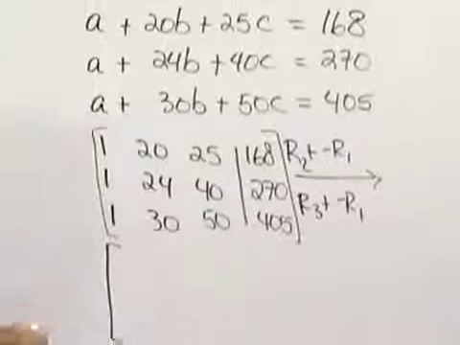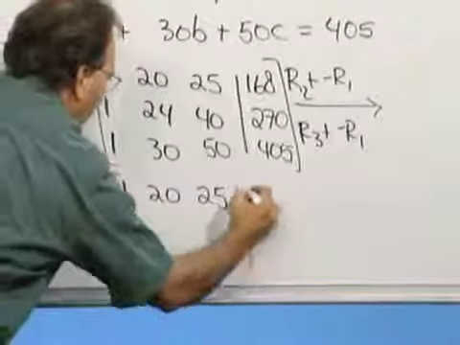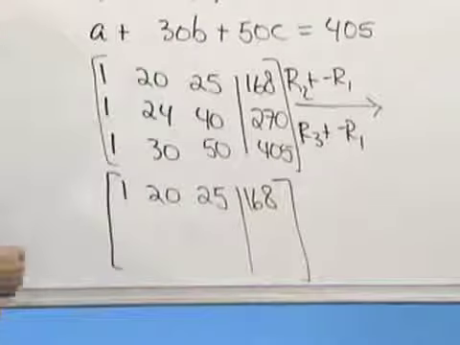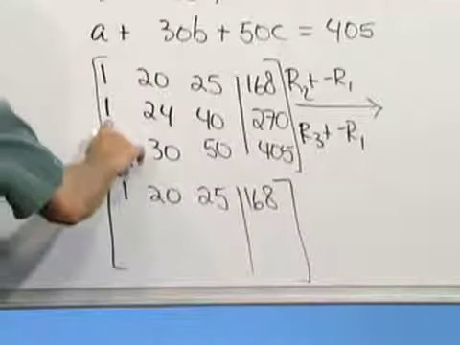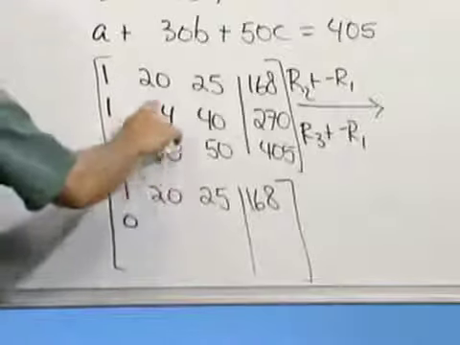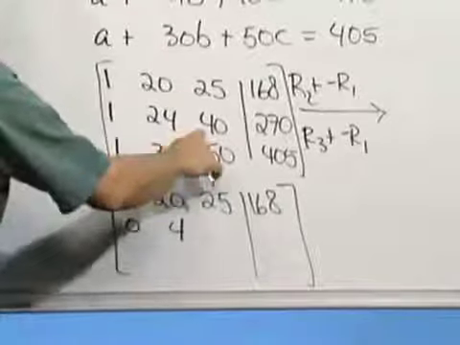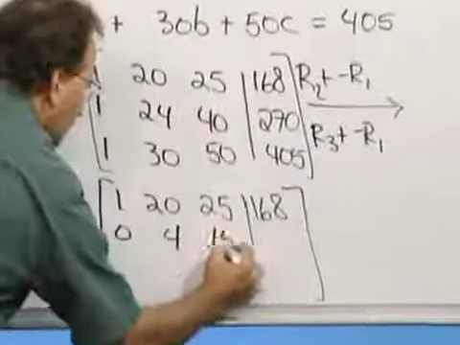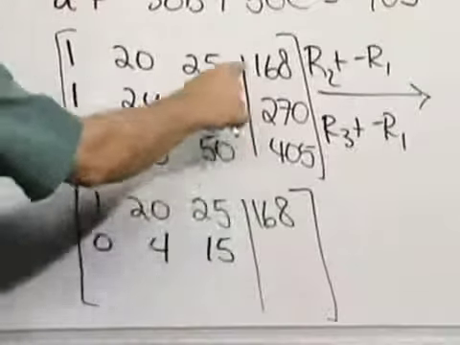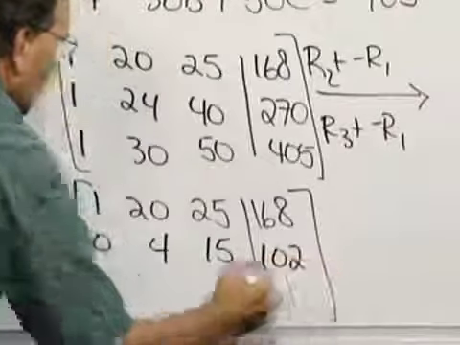Row number 1 remains unchanged, so it's 1, 20, 25, and 168. However, row number 2 is 1 plus a negative 1, or 0. 24 plus a negative 20, or 4. And 40 plus a negative 25, which is 15, and then 270 plus a negative 168, which gives us 102.